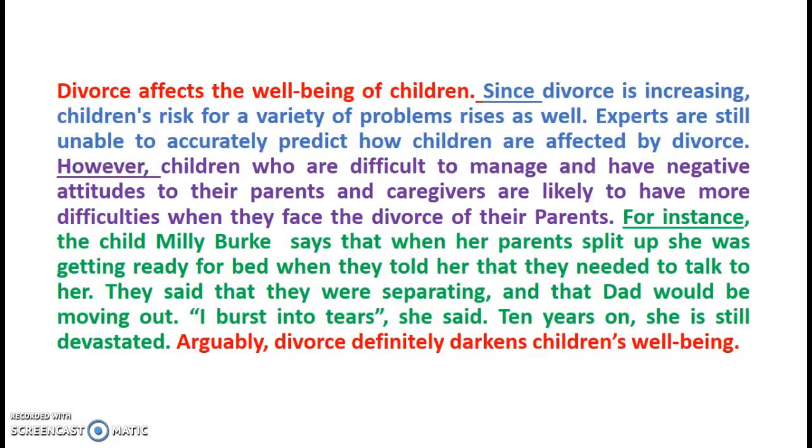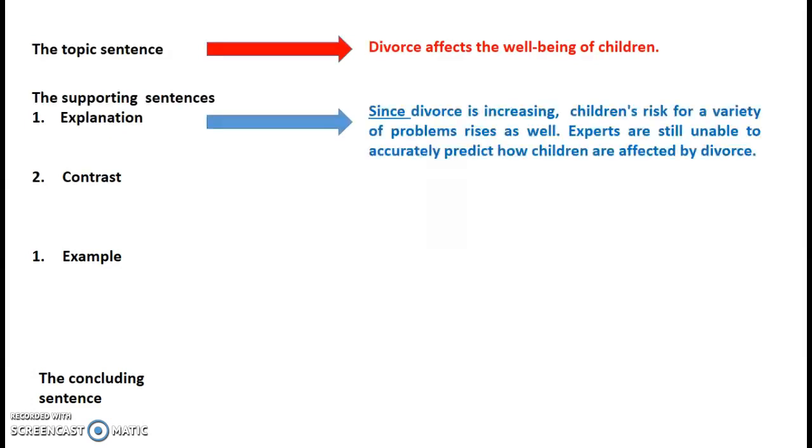Now, this is a very simple kind of supporting paragraph, but I guess it's very complete. It has a topic sentence, divorce affects the well-being of children, and I decided to separate the supporting sentences in this outline. The part in which I'm explaining begins with the subordinating conjunction since.